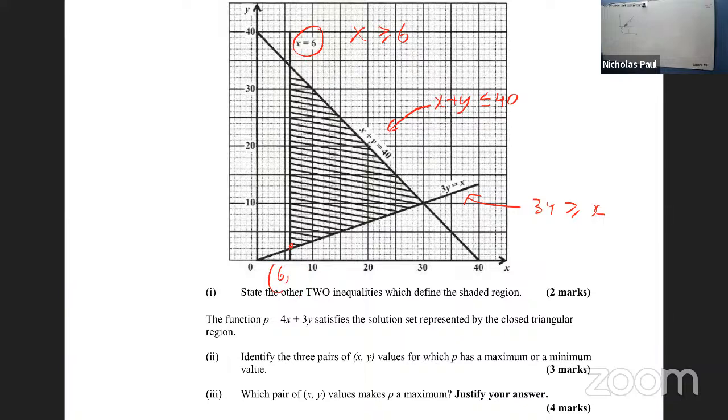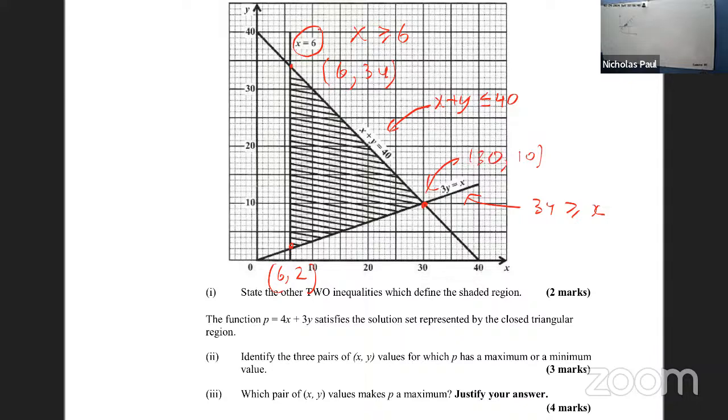That looks like it's only 2 there. This one here is what? This one here looks like 6, 34. And the last one here is 30, 10. You all got those?